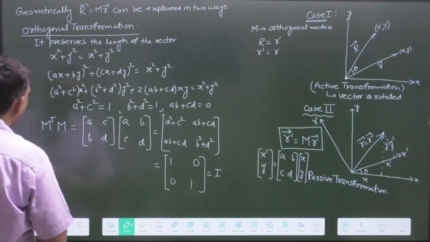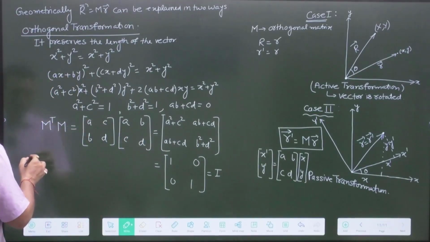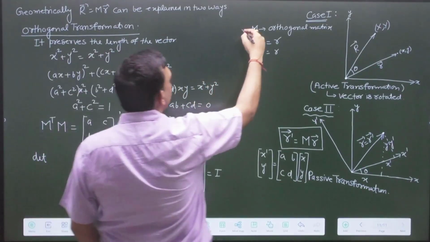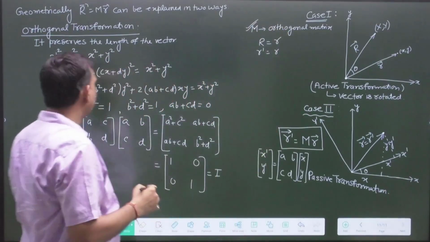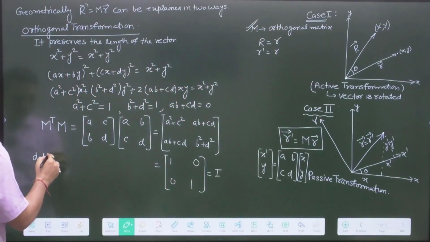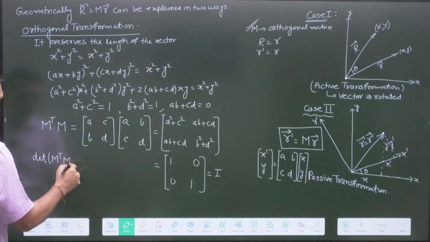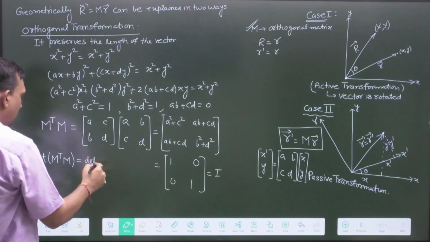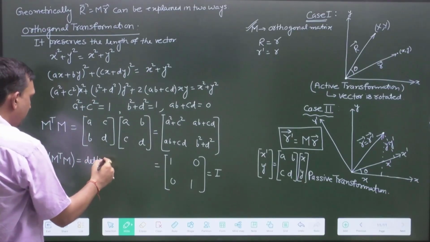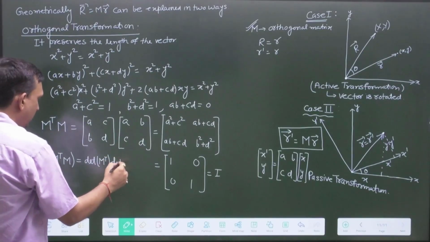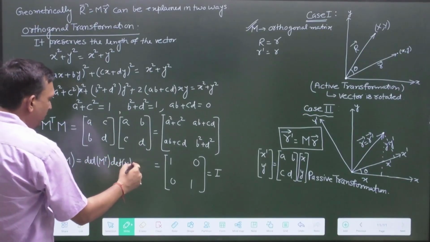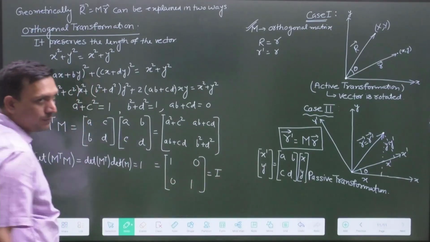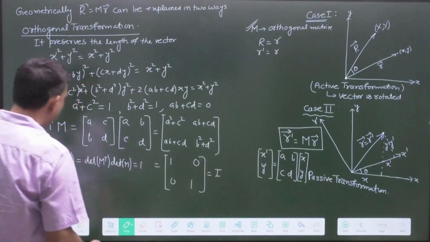Now there is another property that you can see. What will be if M is an orthogonal matrix? So M is an orthogonal matrix. So what will be the determinant of M transpose M? This value is determinant M transpose times determinant M, and this value is 1 because this will be determinant I, which is 1.